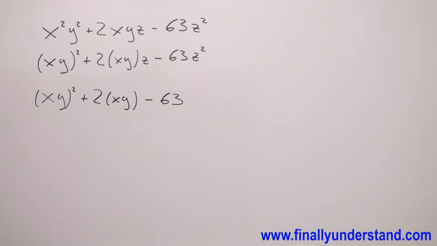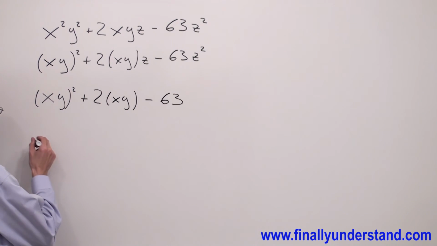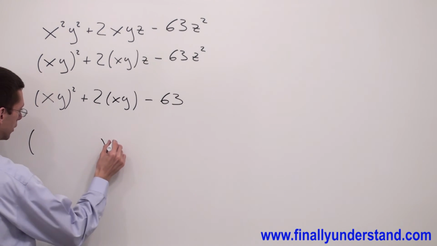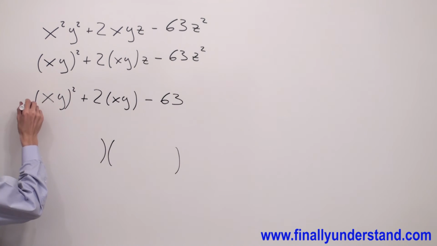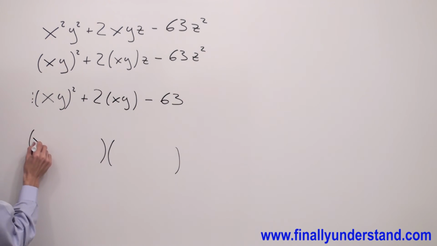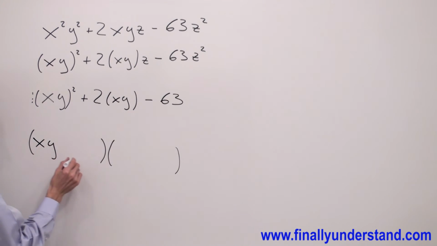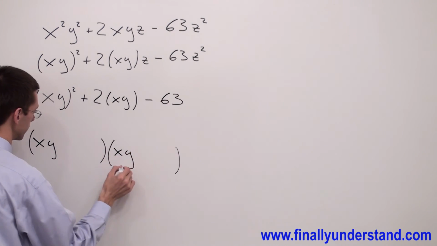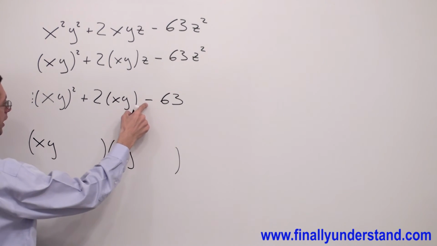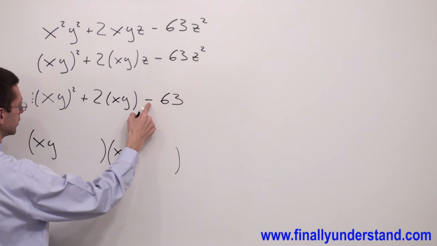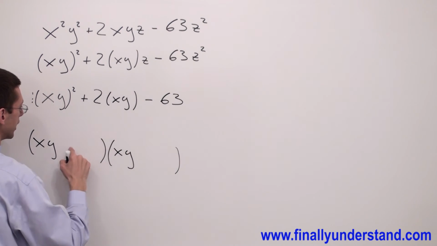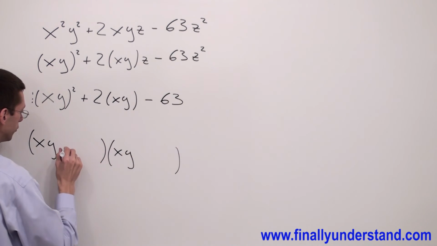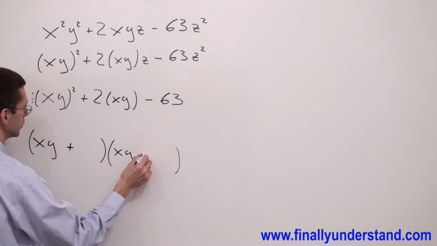Next, we're supposed to factorize this trinomial. Please notice that the leading coefficient is equal 1. That's why the leading coefficients of my binomials are going to be also 1. Now, next I have to look at the sign next to the third term. It's negative. This sign is telling me that both signs are going to be different. So plus, minus.